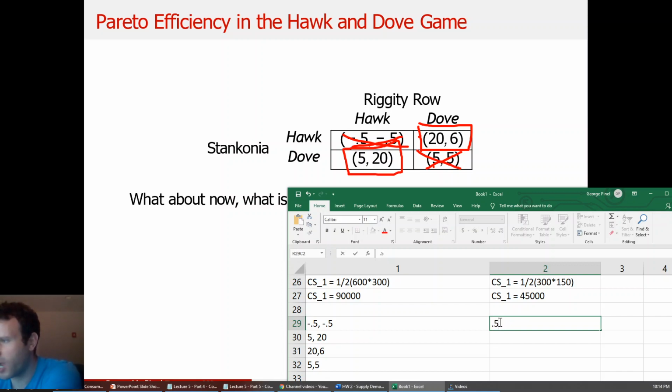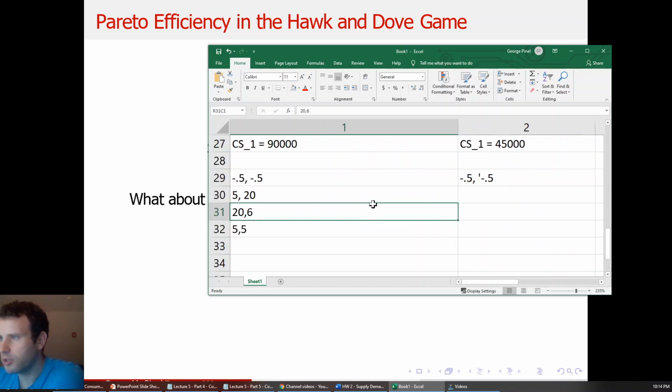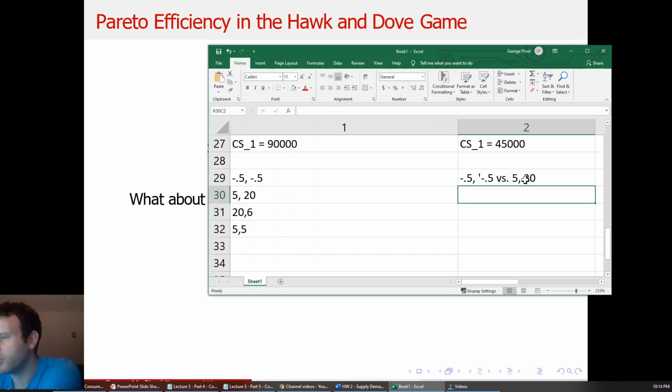So negative 0.5. Again, this is another one of those things where it's just easier on the board. Let me do this. So negative 0.5 to 5 comma 20.